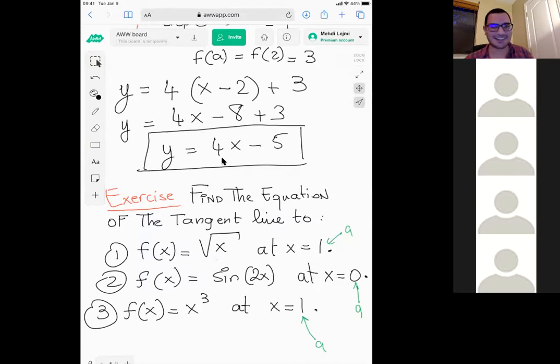Professor, the first one, y equals 1 over 2 x minus 1 over 2. Yes, the 1 over 2 is correct. The slope is going to be 1 over 2, and then so it's minus.